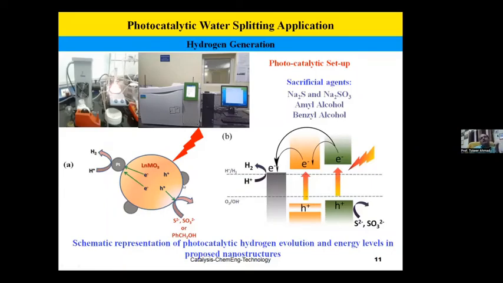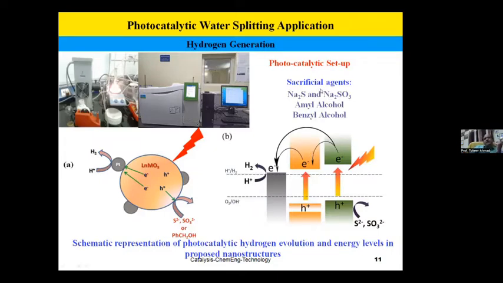This is the setup that we have in my research lab here in New Delhi, Jamia. Here we prepare the aqueous media by taking water, our nanocatalyst, meaning nanomaterials, and the appropriate amount of sacrificial agents.